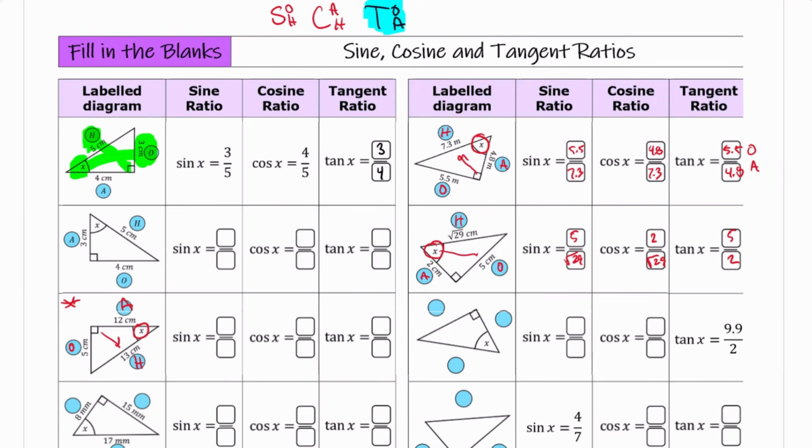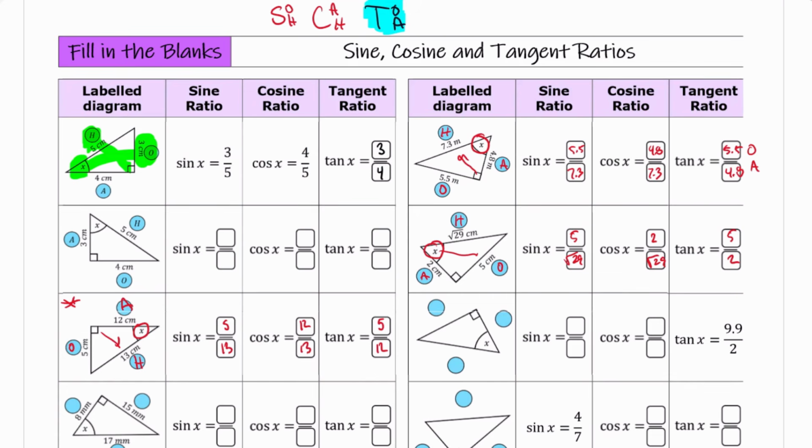Sine, SOH, stands for opposite over your hypotenuse, which is 13. Cosine, CAH, adjacent side, 12, over your hypotenuse, which is 13. Tan, TOA, 5 over adjacent side, 12.